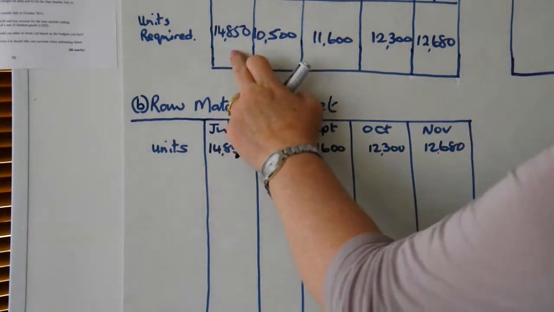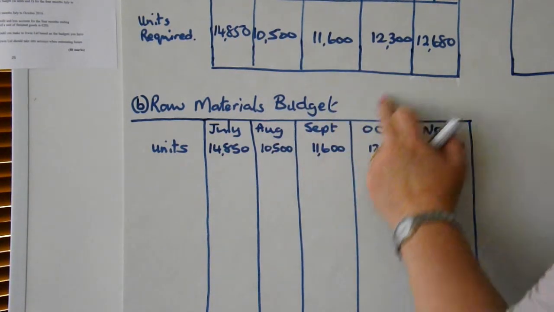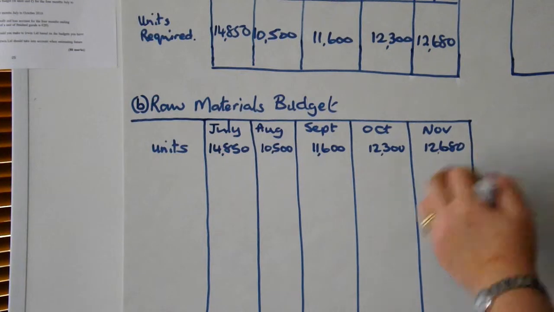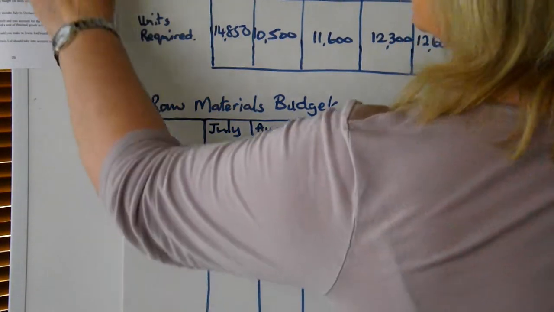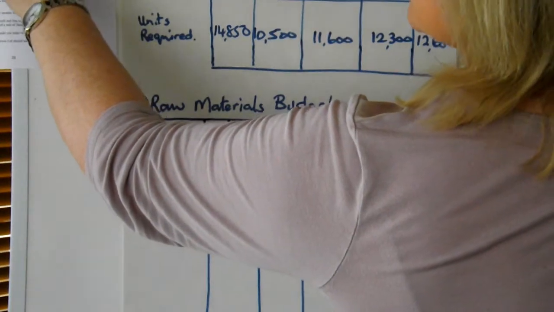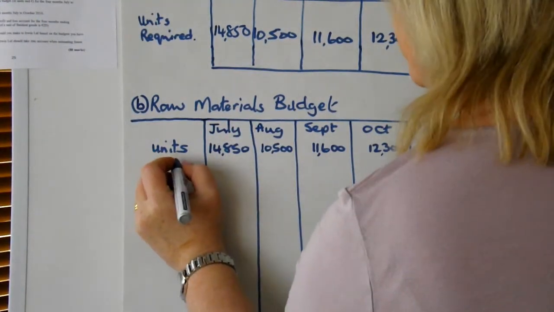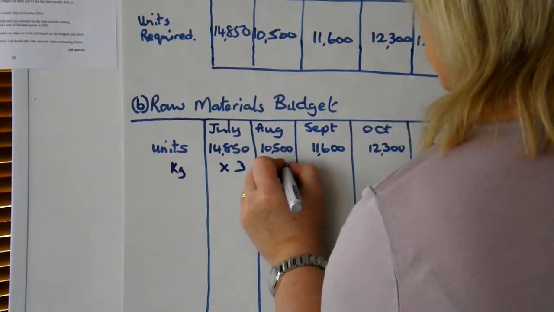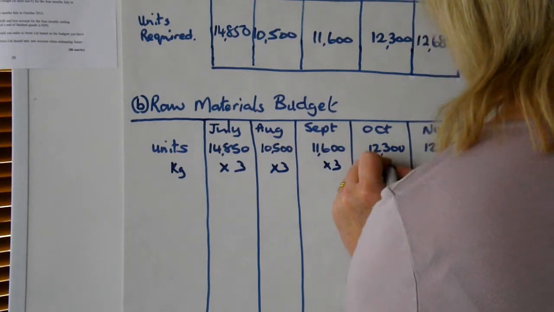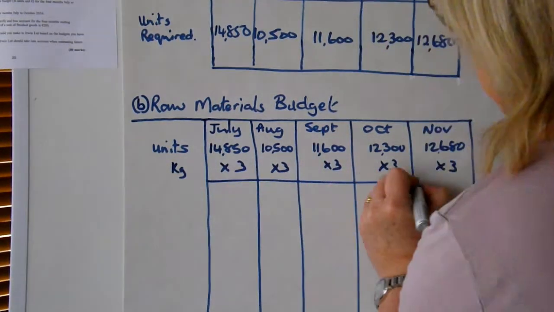So carry forward the units required to be produced and match those, and then you want to get the kg from the question here. It tells us that each unit requires 3 kg of material. So you're going to be multiplying each of these by 3. And again, that's just a quick calculator job.